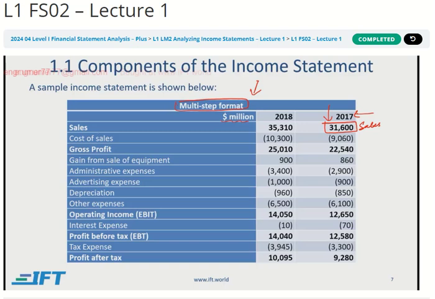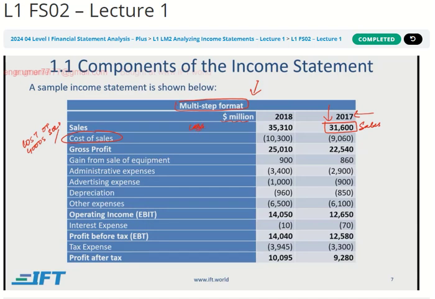And what is cost of sales? Cost of sales is also called cost of goods sold. This is another name for cost of sales. Now, if you're a manufacturing company and let's say you're selling cars, right?